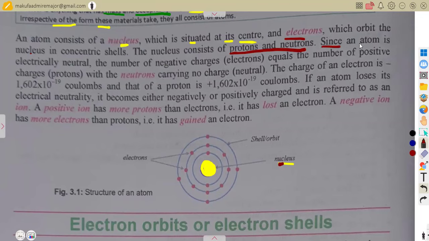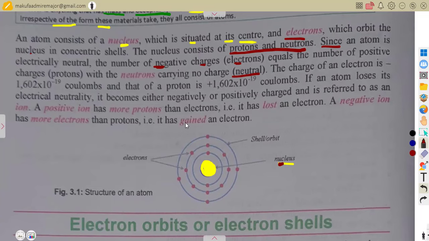Since an atom is electrically neutral, the number of negative charges, which are the electrons, equals the number of positive charges, the protons, with the neutrons carrying no charge. This is the condition of an atom in general.